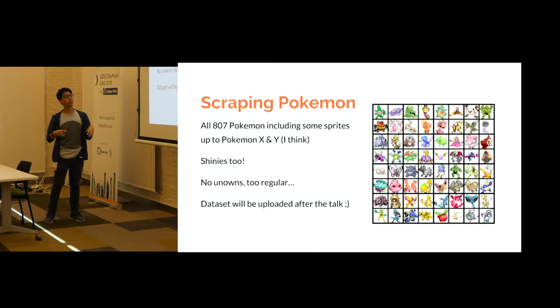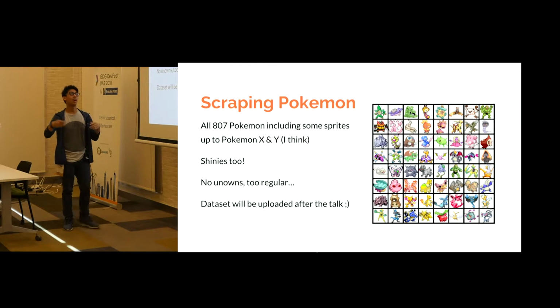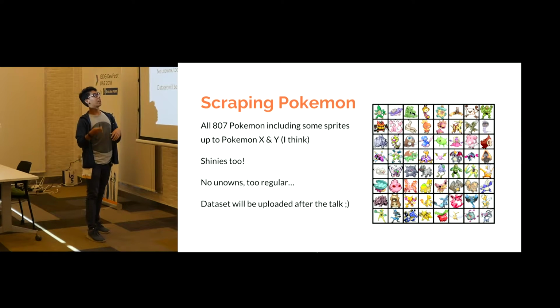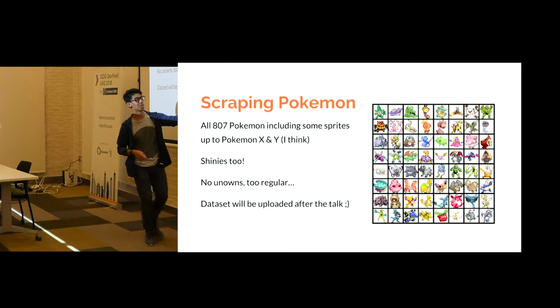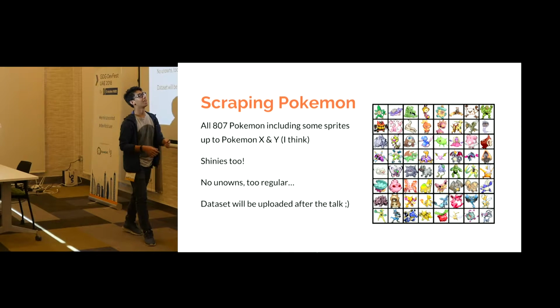So I took to the games as well to pull out the sprites, and I trained on that a bit, and it was still okay, but not great. So I took another run at pulling in the shinies. A shiny Pokemon is like a color shifted version of a Pokemon. So think of a Pokemon that's blue suddenly becoming green or something.